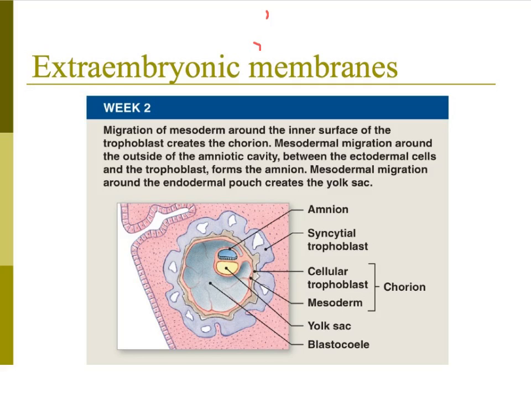So before the chorion really gets established, before the placenta gets formed, it still needs to provide some nutrients for this growing embryo, and so the yolk sac does that. The yolk sac will also eventually become a part of the umbilical cord, and then eventually it disintegrates. It doesn't hang around for the entire 40 weeks of pregnancy.